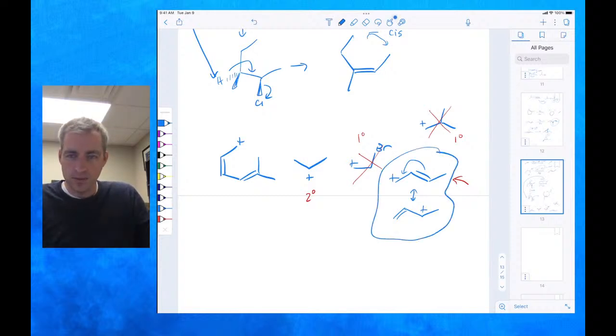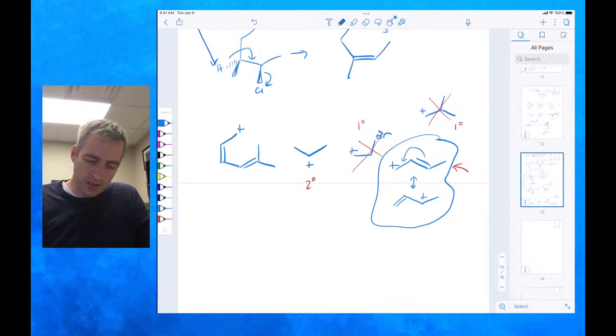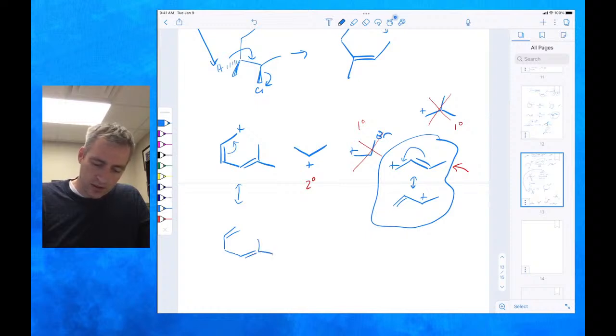It's actually fairly stable. And if that's not so bad, this first one is actually even better, because this one has a resonance structure like this, charge there, and there's another resonance structure like there.